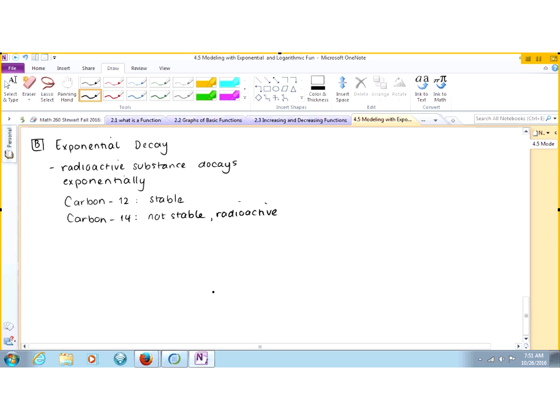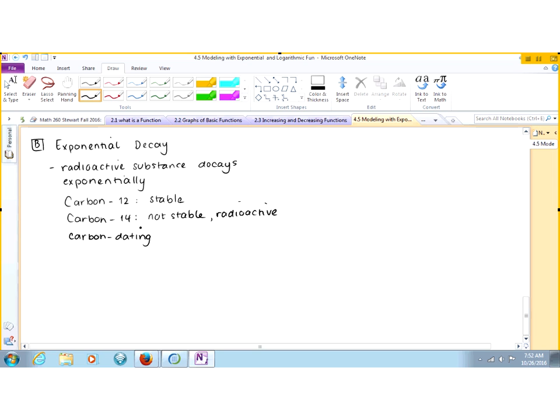Now, the other thing that we use this exponential decay model for is carbon dating. Have you ever heard of this? Carbon dating. What is carbon dating?